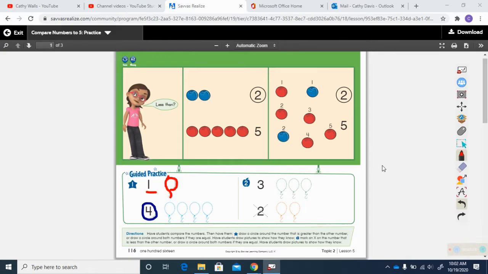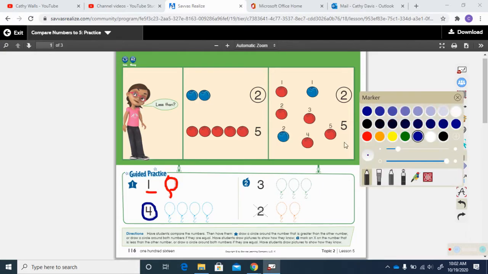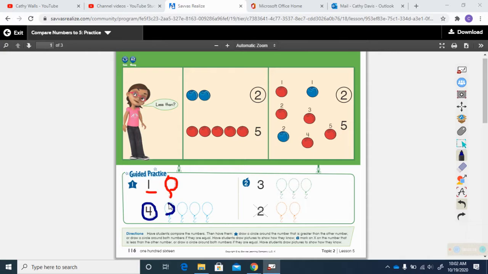Now, I need to draw some blue balloons for number 4. 1, 2, 3, 4. So when I look at my pictures, I can see there's more blue balloons than there are red. So 4 is greater.